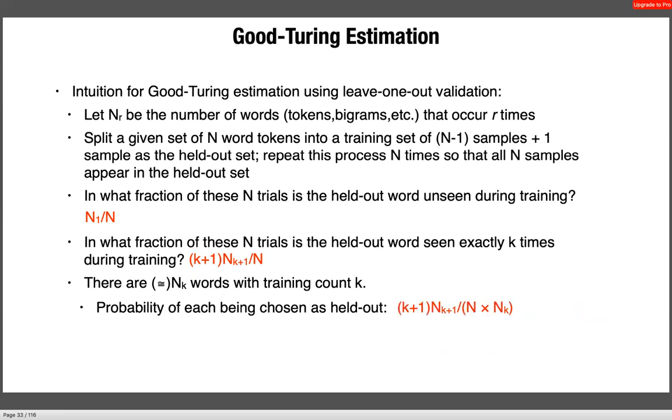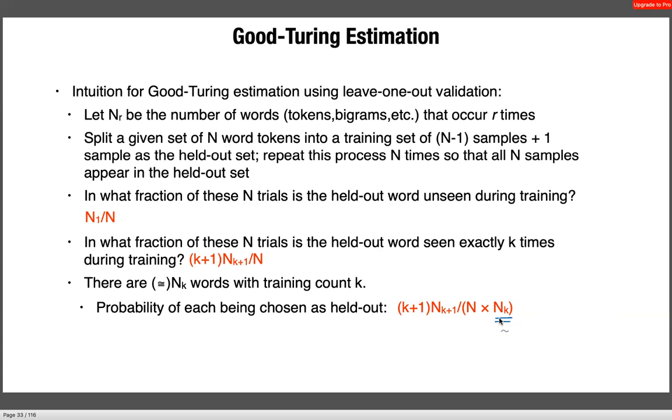So it would be this earlier fraction, because this fraction represents the number of events where the held out word is seen exactly k times, right? And then here you know that there are approximately nk words with a training count k, so you would divide further by nk.